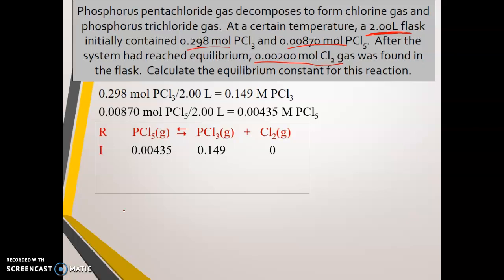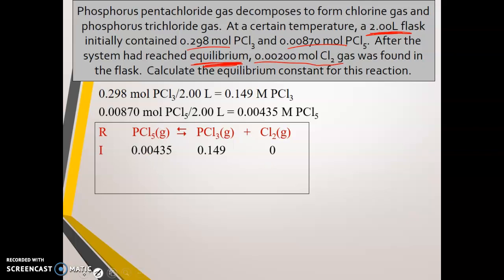And now it does mention the number of moles for chlorine, but this is when it has reached equilibrium. So this is going to be in our E line of the RICE table. So in this reaction, because we have no chlorine, we can't form the reactant, so we have to progress forward and to the right.